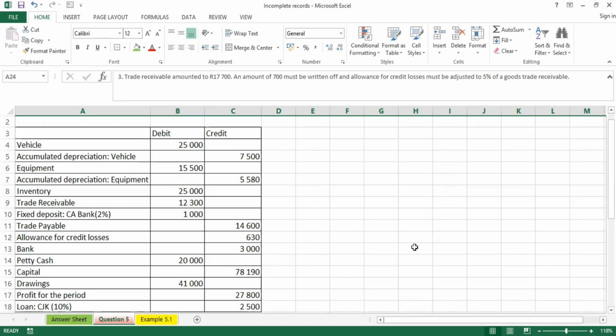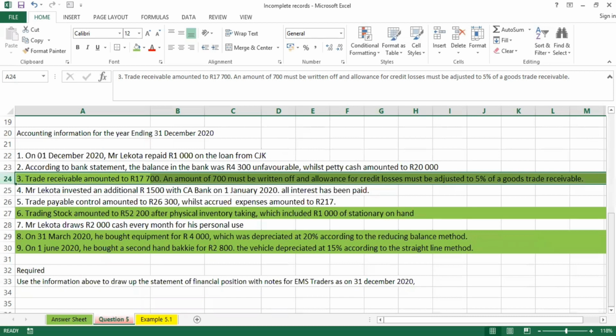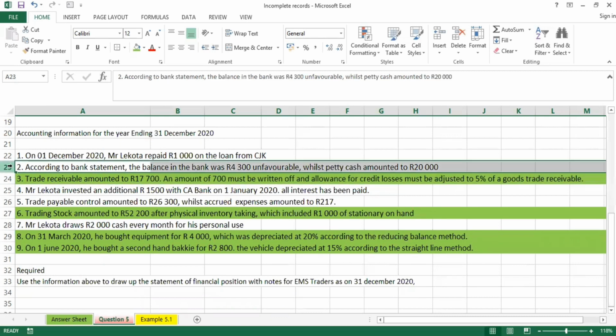We don't have anything concerning cash flow. So let's look for information concerning our cash and cash equivalents. Information number 2 says, according to the bank statement, the balance in the bank account was 4,300, which was unfavorable, meaning it was a bank overdraft, whilst petty cash amounted to 20,000.